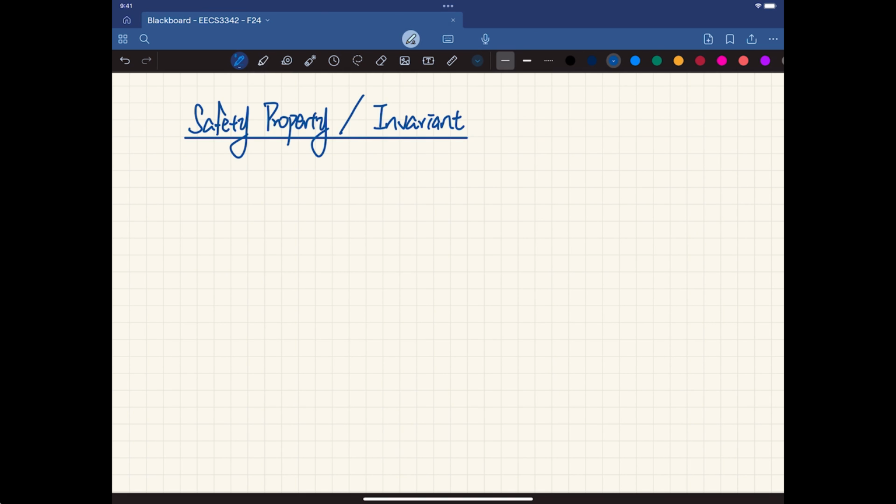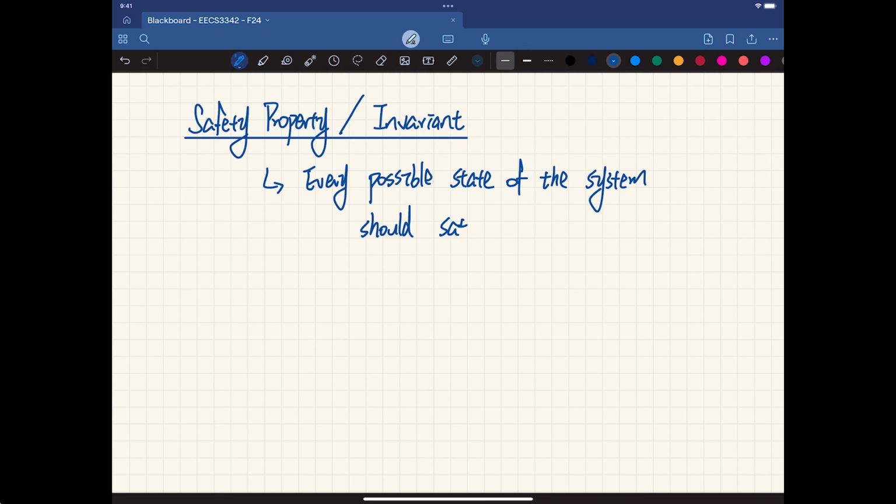Okay, let me write it down. So every possible state of the system should satisfy the invariance. That's the definition, right?